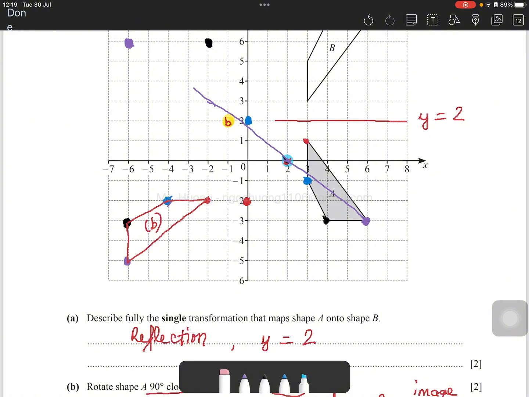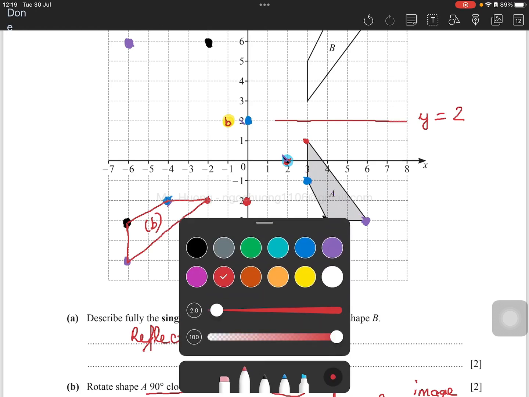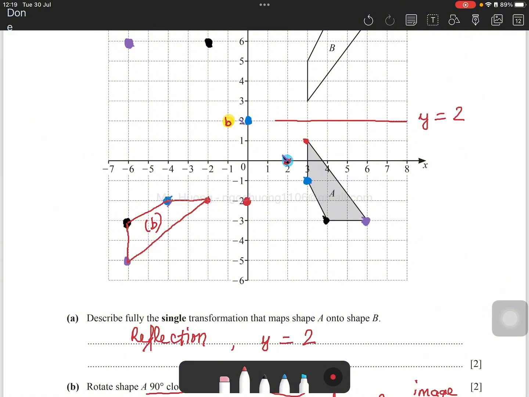Now let's remove these purple lines. Okay, now we just need to join these points together to form the image of A after an enlargement. This is the answer for question C.